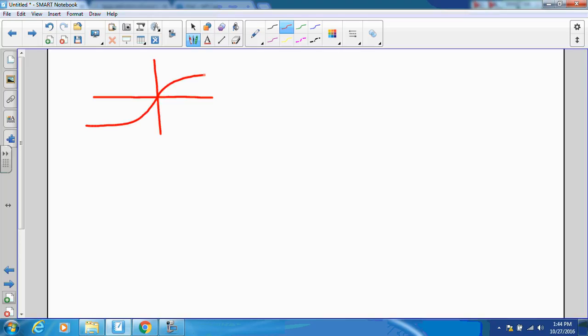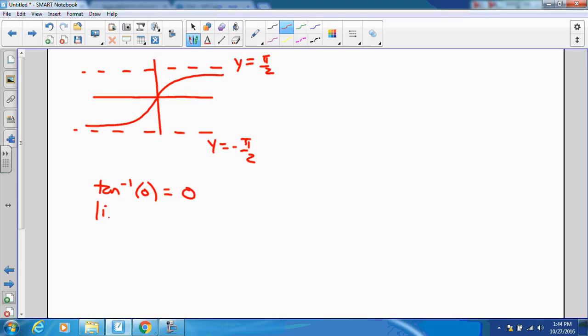And when you look at a graph of inverse tangent, which looks like this, with horizontal asymptotes y equals -pi/2 and y equals +pi/2, what do you see about the value of inverse tangent at x equals 0? It's 0, which means that the limit as x goes to 0 of inverse tangent, which is clearly a continuous function, has that same value.